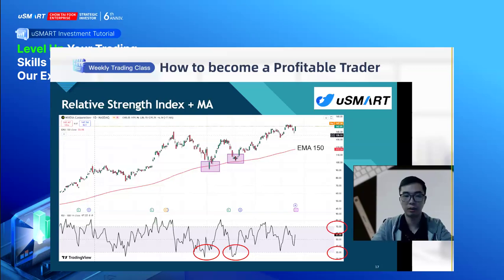But in this case, we want to buy, so we want to buy at the oversold area. Then combined with this EMA 150 line, which I just use to look at the big trend, and this relative strength index, we can find a good entry. So this is how we combine these technical analysis factors, and then we make an entry.